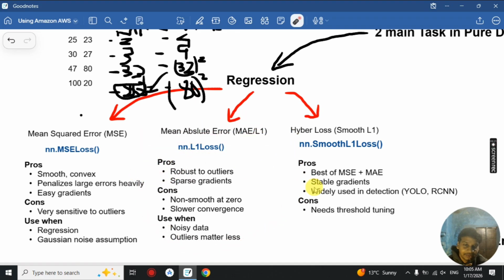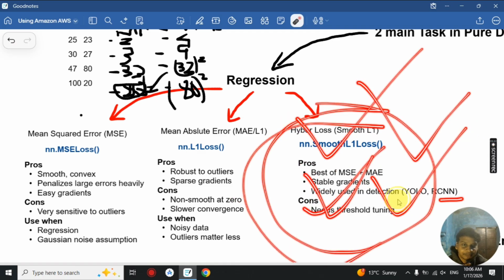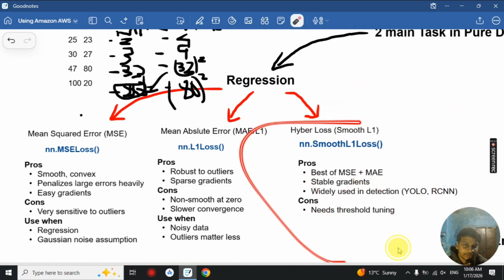It has very stable gradients and is very widely used in detection, like our YOLO, You Only Look Once, and R-CNN. It is very widely used in deep learning regression problems, and we generally use our Huber loss only.